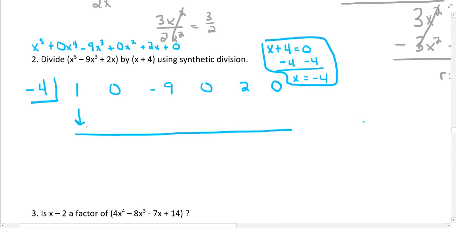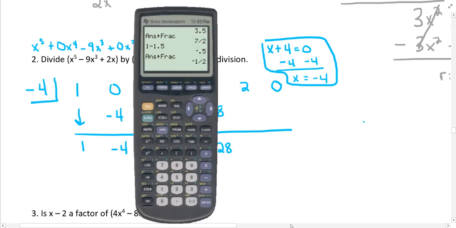So we bring down our first term, then multiply 1 times negative 4, 0 minus 4, negative 4. Okay, then multiply negative 4 times negative 4, positive 16, negative 9 plus 16 will give us 7. 7 times negative 4, negative 28, 0 minus 28, negative 28. Negative 28 times negative 4 is going to be a positive 112.